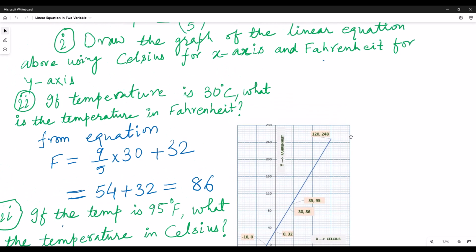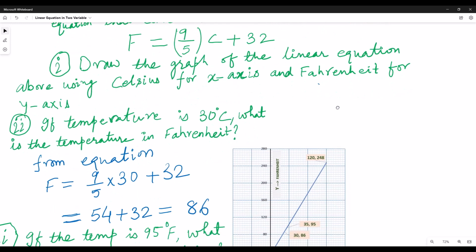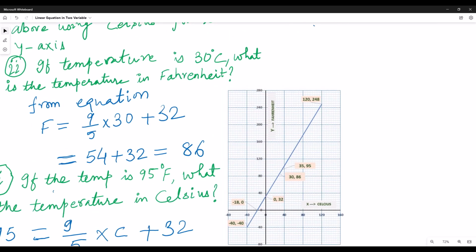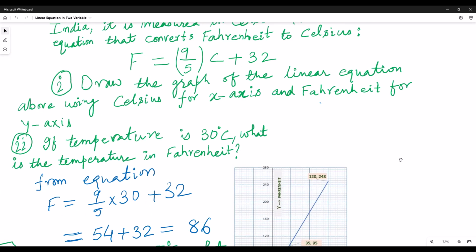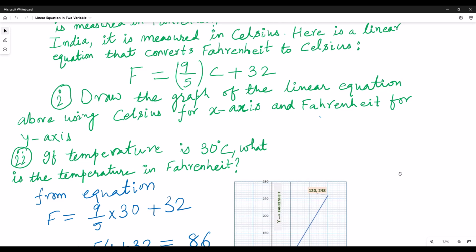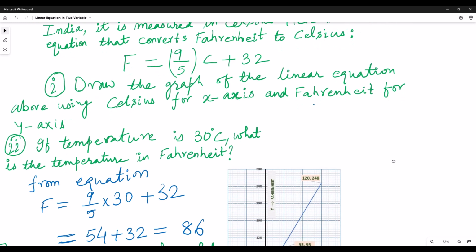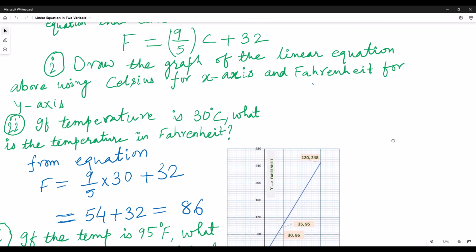You can try to find out yourself: find 2 to 3 points and plot them on graph paper. That will plot the relationship of this equation. By putting in different values of C, you get the corresponding values of F. So if we know the temperature in Celsius, we can get the temperature in Fahrenheit by this equation.